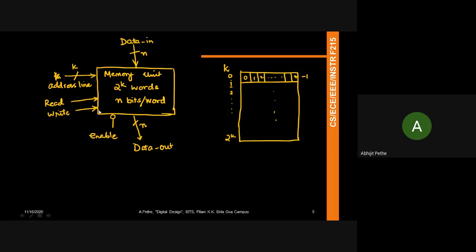Or I can design this memory in such a way that if read and write both go high, read always has priority. That way I don't damage anything that's inside the memory. But if I say read always has priority, then that means that you can also modify the content of the memory, right? Clear?